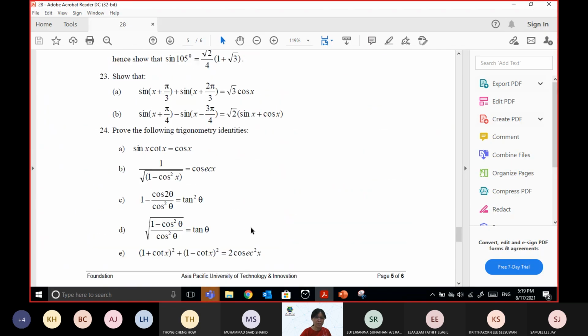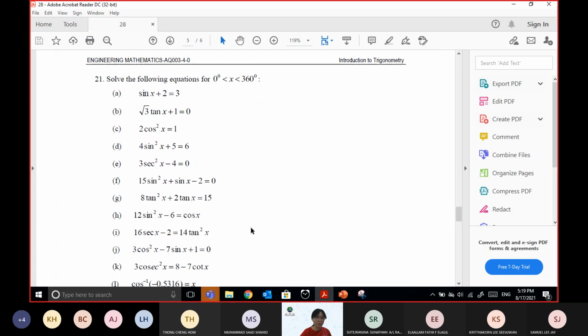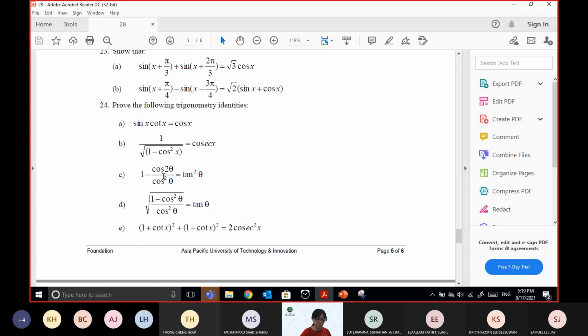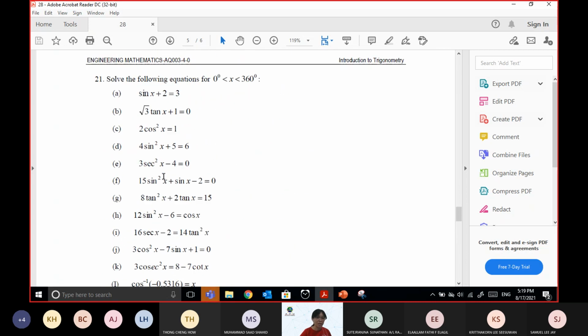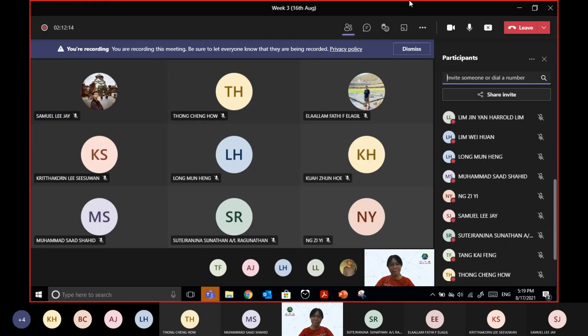So you should finish the rest of the questions, which are question 21 and question 24. For 21, it looks like just a simple one. This is to find the angle, but you will spend quite a lot of time on question 21, students. So practice 21 and 24.